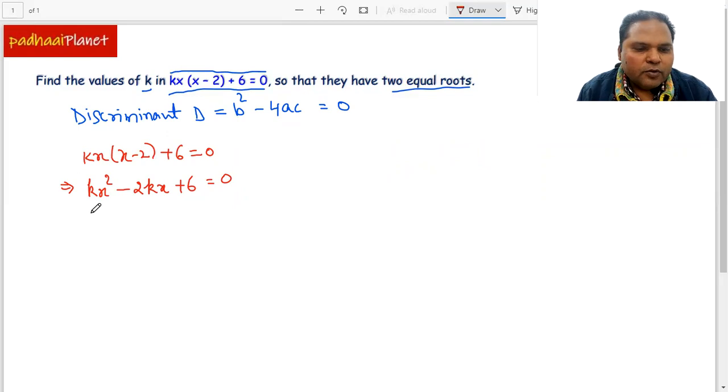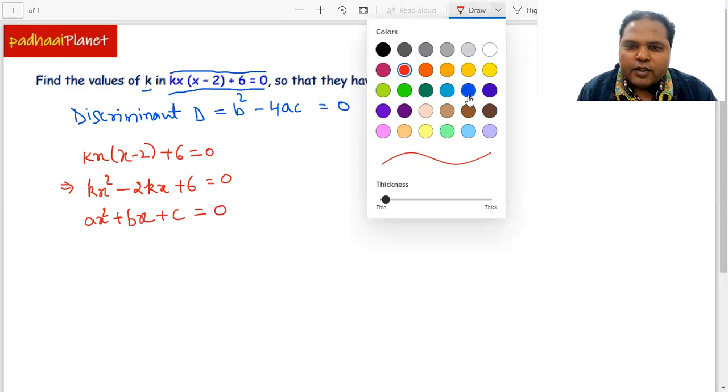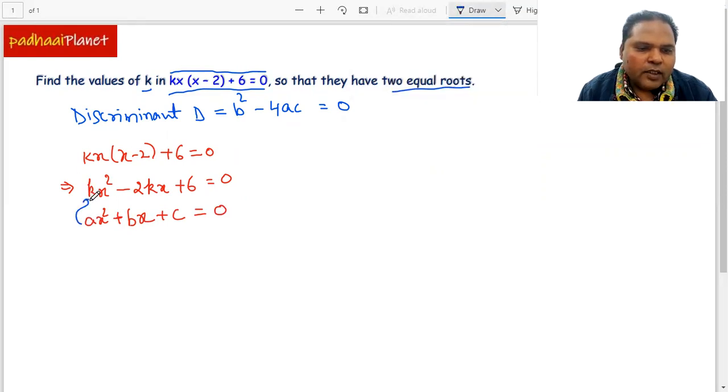Now we need to compare this particular quadratic equation with the standard form of the quadratic equation, and the standard form is ax square plus bx plus c is equal to 0. Now if we compare these two equations, that means a is equal to k, b is equal to negative 2k, this whole thing, and c is equal to 6, right?